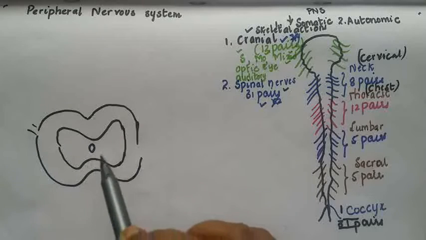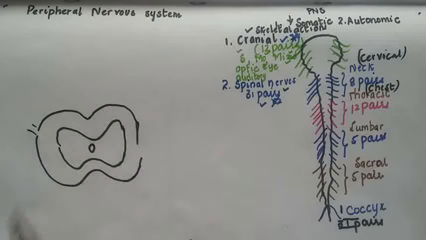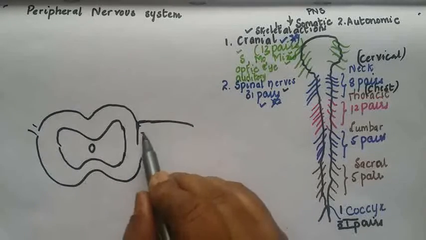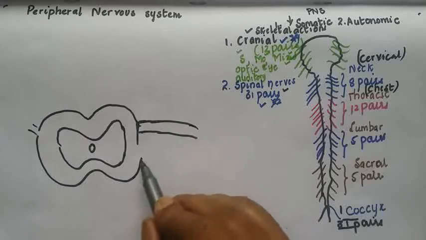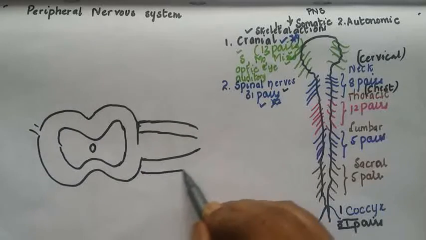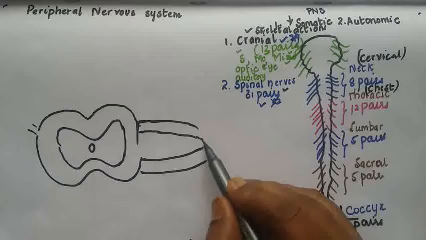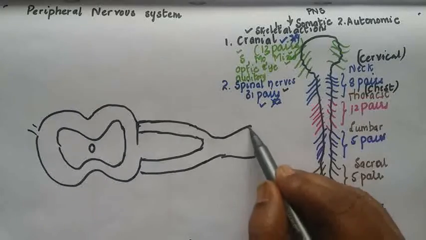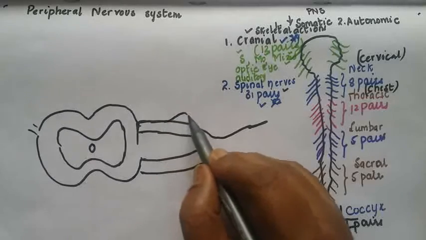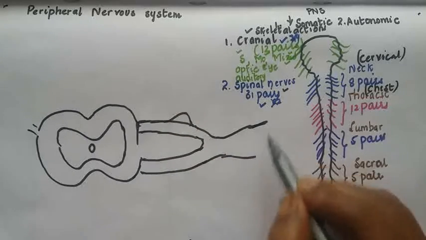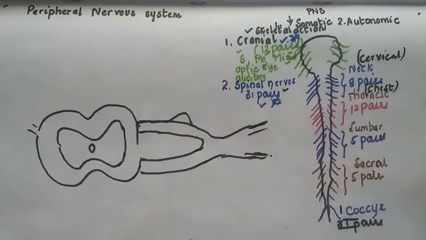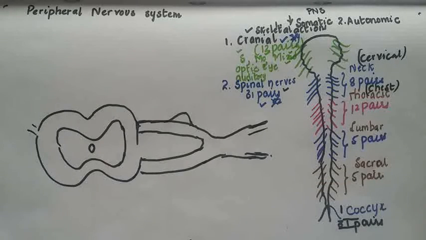Inner grey matter contains the cytons, outer white matter contains the axons, right? So here you can see the structure of a spinal cord.